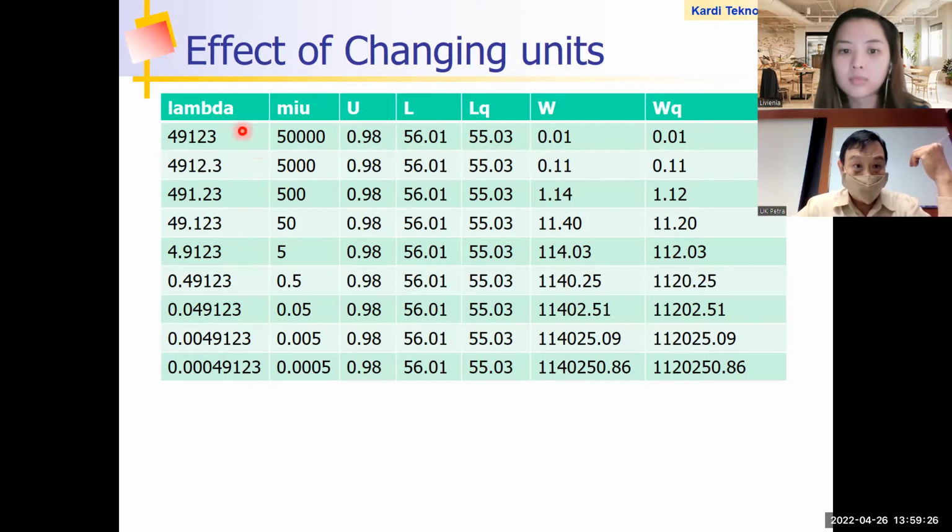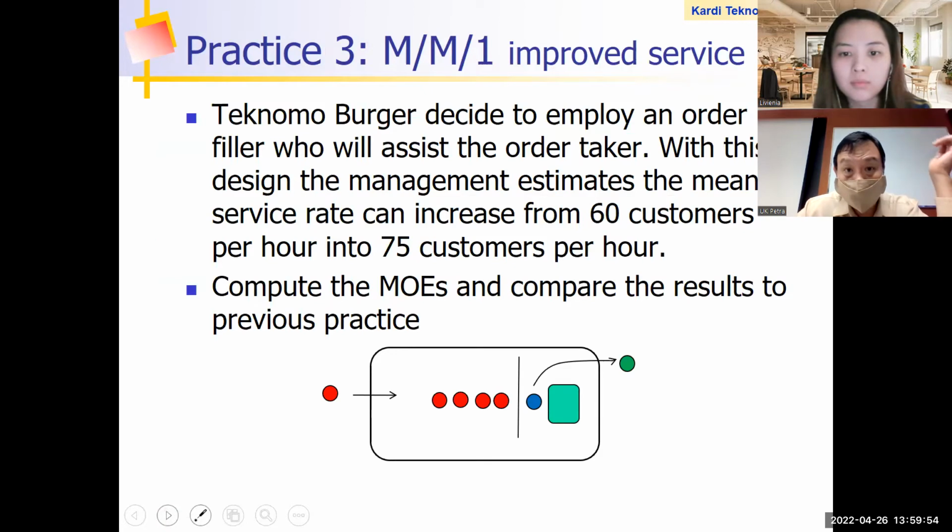So I change the unit, I change the lambda and the mu, and you can see everything else is the same except this W. This W changed because lambda and mu changed, and basically this represents a different time unit, hour or minute and so on.